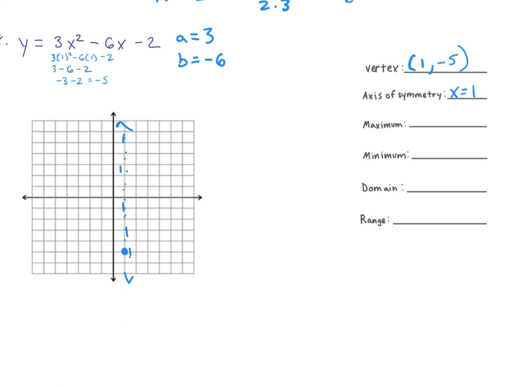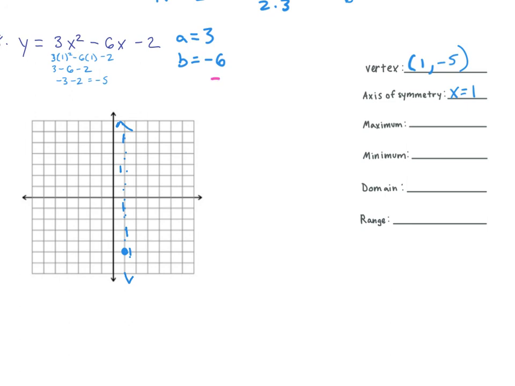What are we going to plug in? If our axis of symmetry is 1, what's something close to 1? 0. So let's plug in 0.